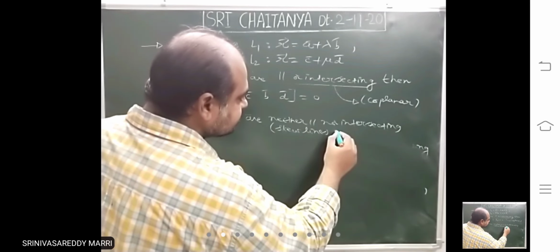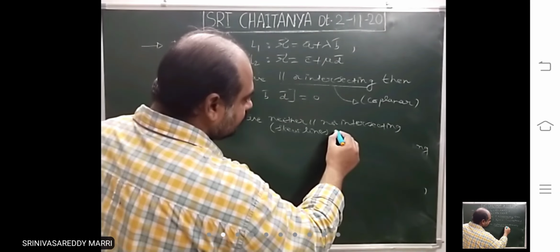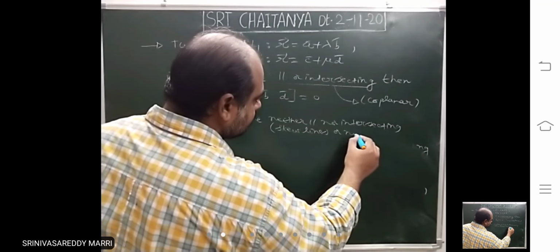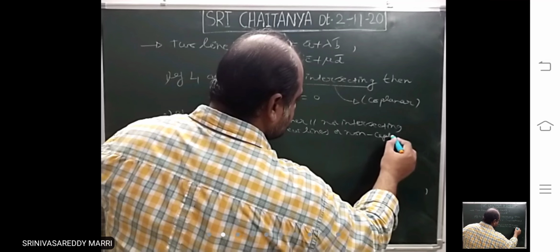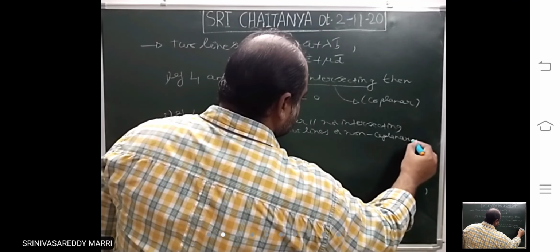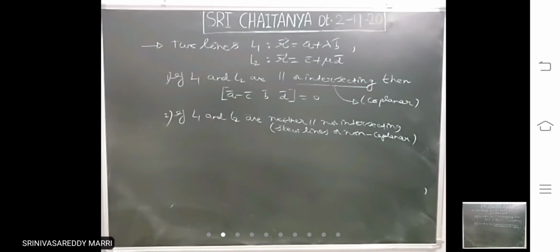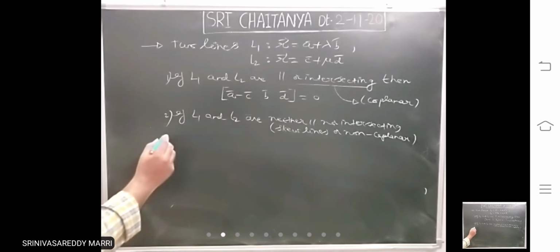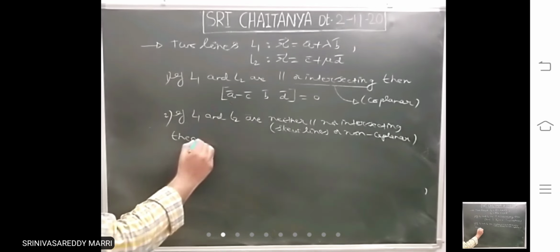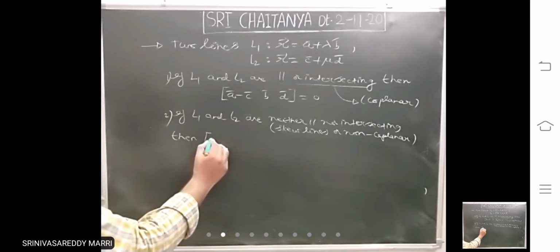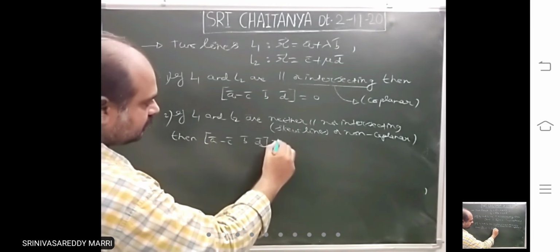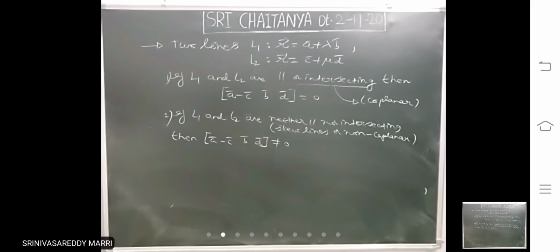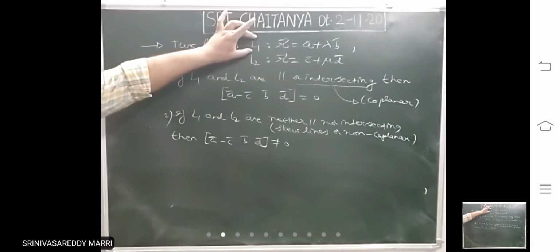Skew lines are non-coplanar. For skew lines or non-coplanar lines, the condition is just that this is not equal to 0.